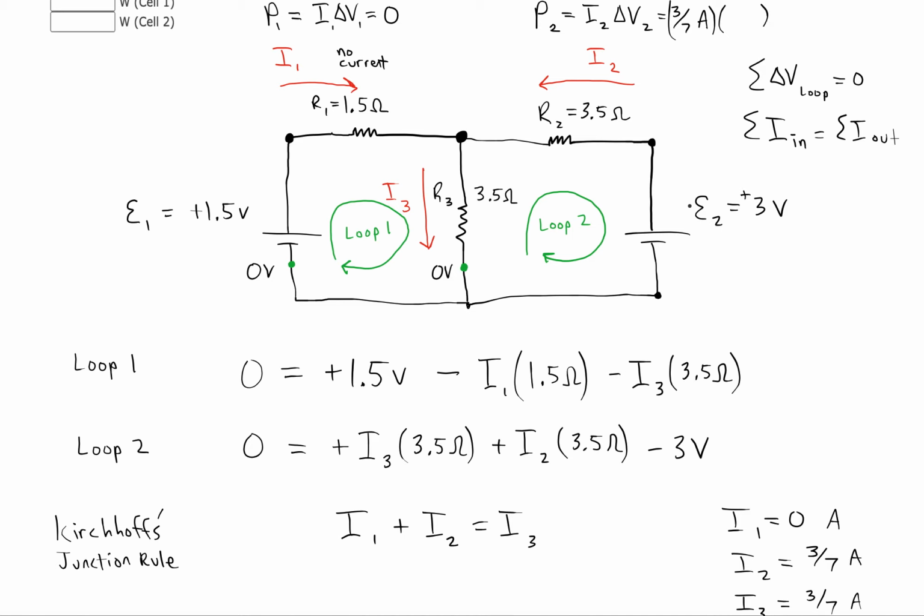Okay, so let's go ahead and call this 0 volts. Then this point up here must be 3 volts. This point would be 1.5 volts. If there's no current flowing through that bulb, then this point would also be at 1.5 volts.